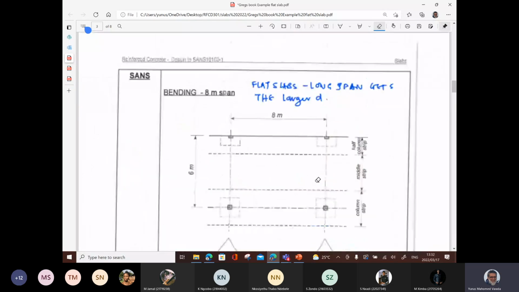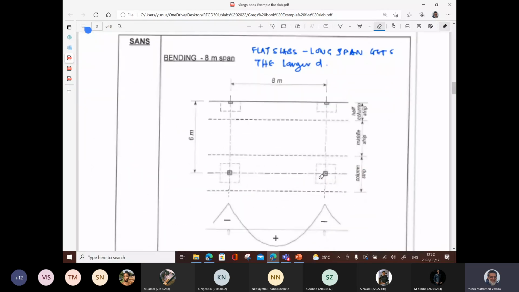In the example here, we're going in this direction. We're looking at that span. So just focus on the span that we're talking about.